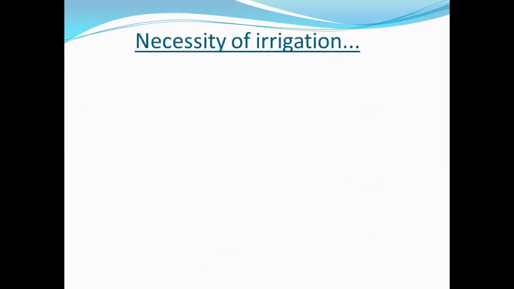So what are the basic necessities of irrigation? We first understand the necessity of irrigation, right? The most important factor is that the crop gets adequate water at the various stages of the growth of the plant, right? The natural supply of water to the agricultural land is through the rain.